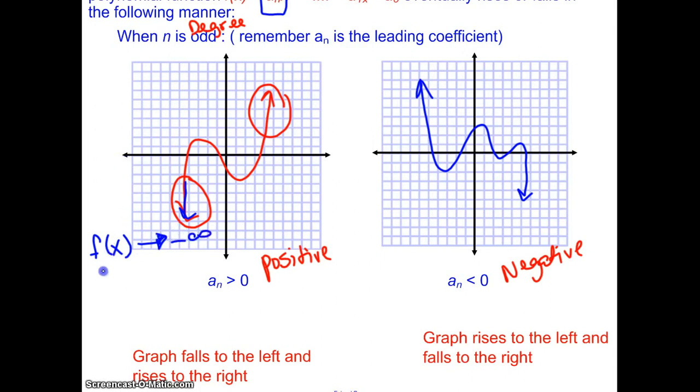So on the left side, f of x goes to negative infinity as x goes to negative infinity, because when you're talking about the left side, that refers to your x values. On the right side, your x is going towards the right, positive infinity. What's your graph doing? It's going up. So f of x approaches positive infinity.